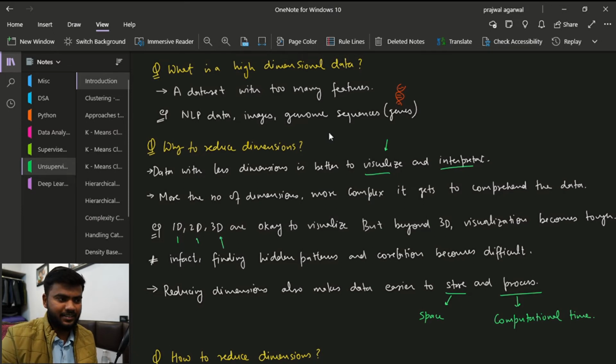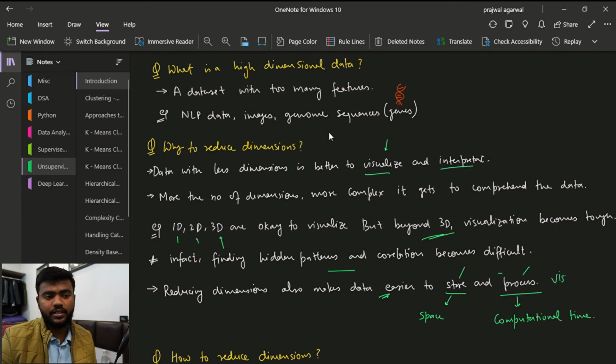What is after that? We do not know how to visualize beyond 3D, right? It becomes very tough. In fact, finding the hidden patterns and correlations becomes very difficult. So reducing dimension also makes the data easier to store and process, and also to visualize.